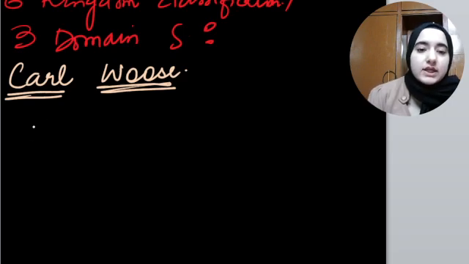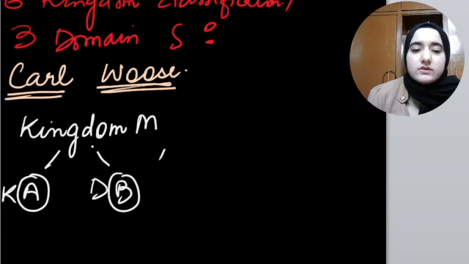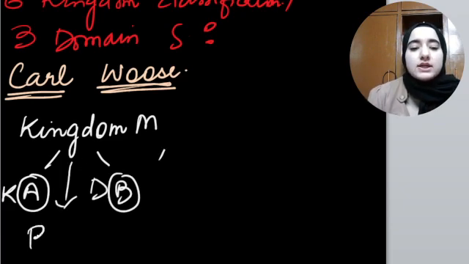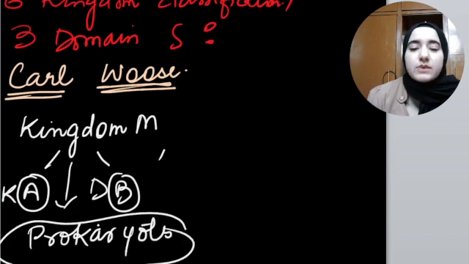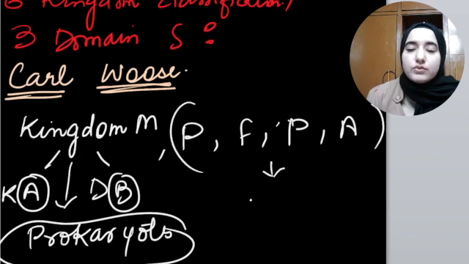See what they did. They divided Kingdom Monera into two: Domain Archaea and Domain Bacteria. Since Kingdom Monera is prokaryotes, it includes all those organisms which are prokaryotic, and all other eukaryotic kingdoms, be that Kingdom Protista, Fungi, Plantae, or Animalia, were separate, in Domain Eukaryotes.